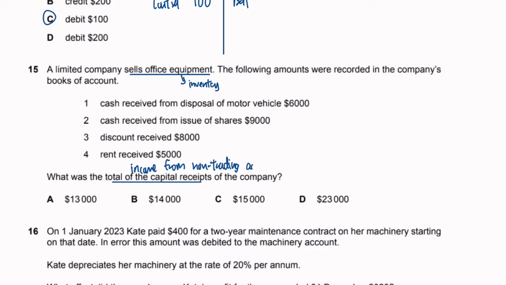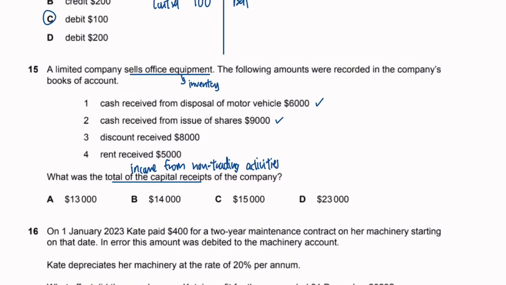So let's see the first one. Cash received from disposal of motor vehicle. Yes, because this is the proceeds received from the disposal of a non-current asset, which is a capital receipt. Second, cash received from issue of shares. Yes, this is some form of capital. The owner introduced capital in the company.